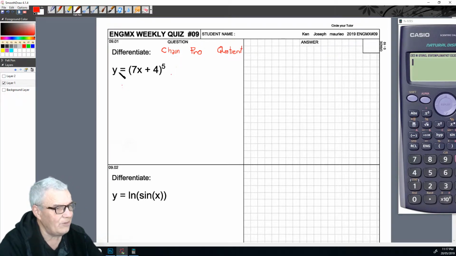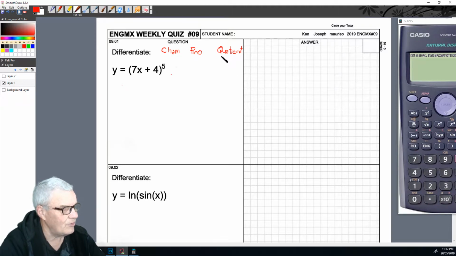Okay, so straight away we can see that this one is not a quotient. It's not a product. So this one's got to be the chain rule.